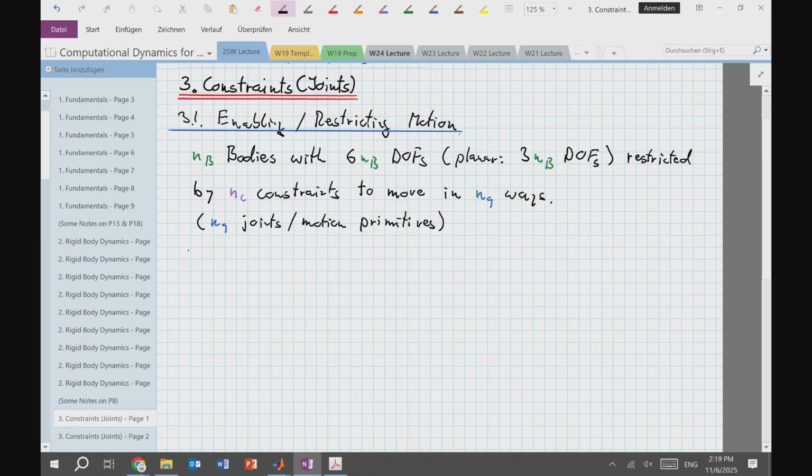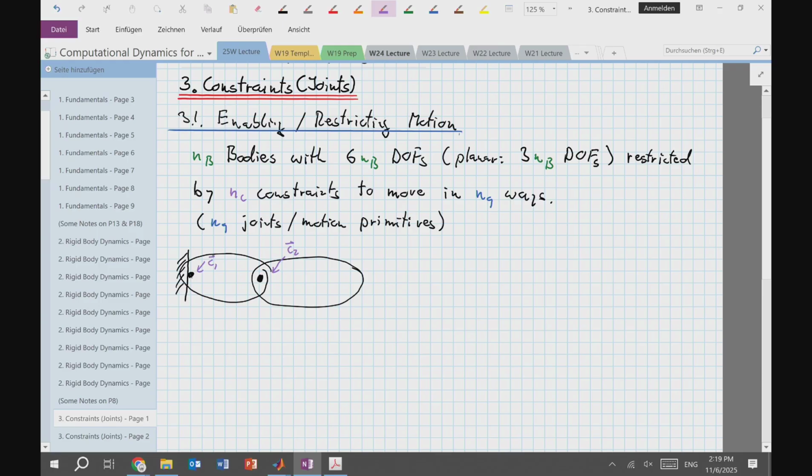So here's a little example of how to set this up. I have somewhere a wall, and I have a first body, and I have a second body. Originally, these bodies in 3D would have each 6 degrees of freedom. But then I put in these pins, and each of these pins corresponds to one constraint. So this would be constraint 1, this would be constraint 2.